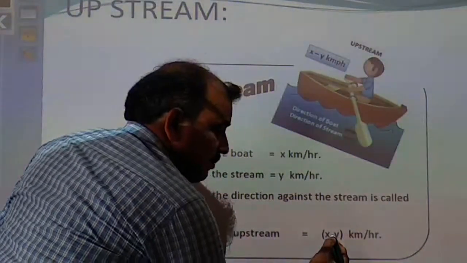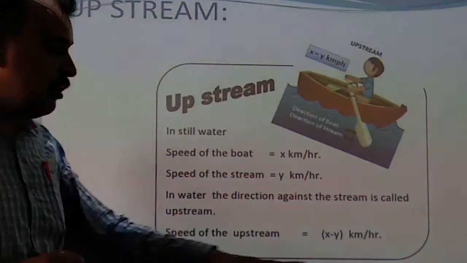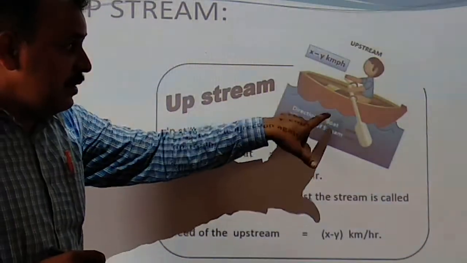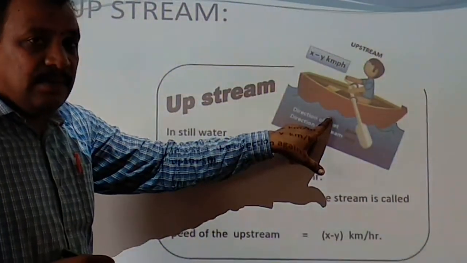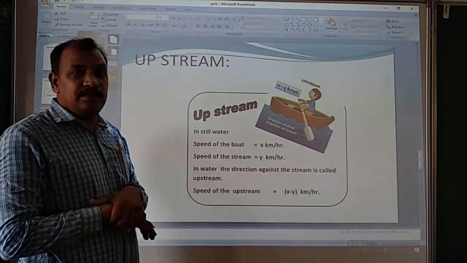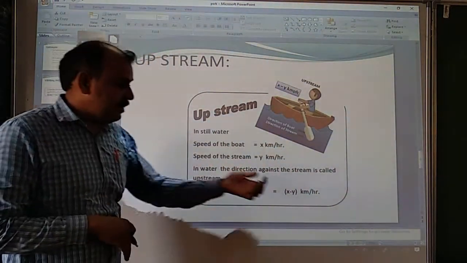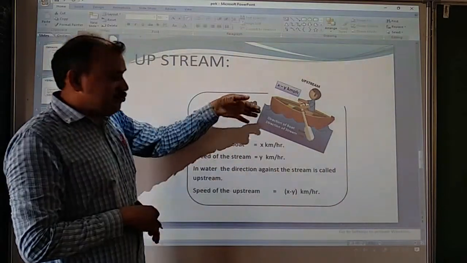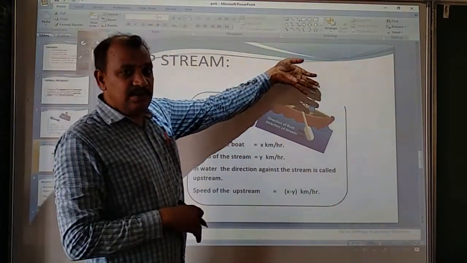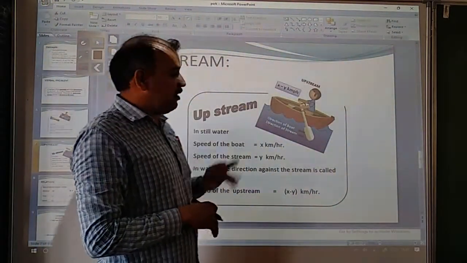That's why we are taking minus, x minus y kilometers per hour. Here the boat direction is against the stream, so we take minus, while in downstream we take plus. Along the stream is plus, against the stream is minus. These two terms are very, very important.